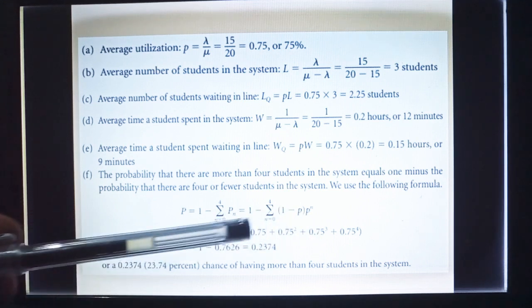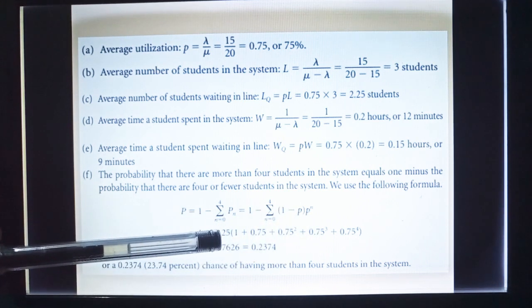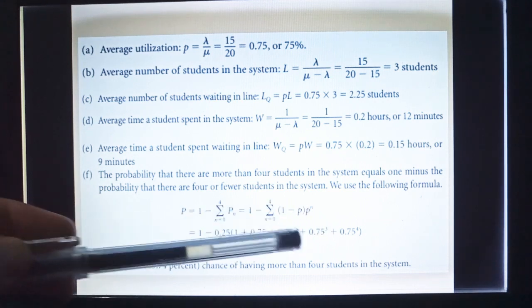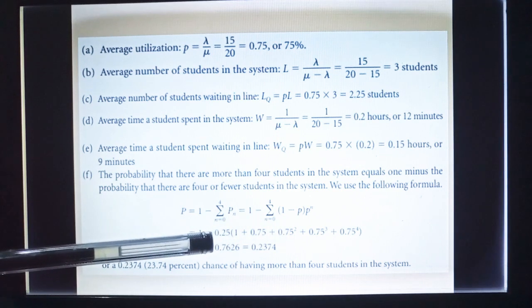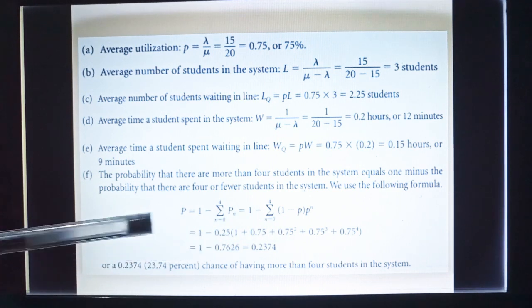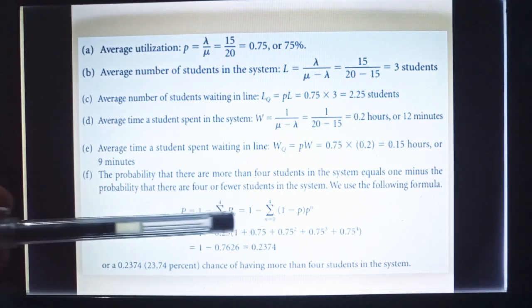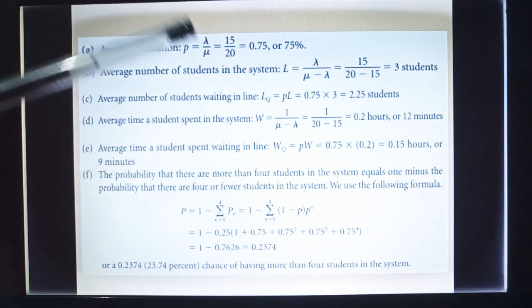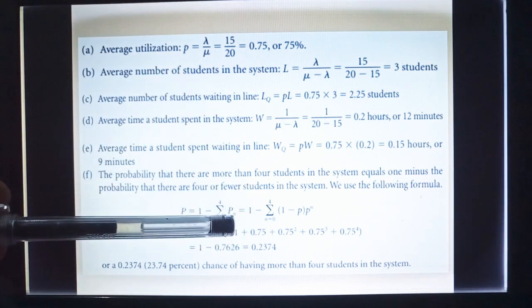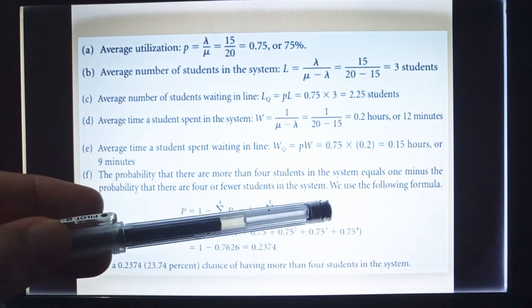1 minus p times p sub n. So actually, we use this formula. P sub n here is equivalent to 1 minus p times p raised to n.